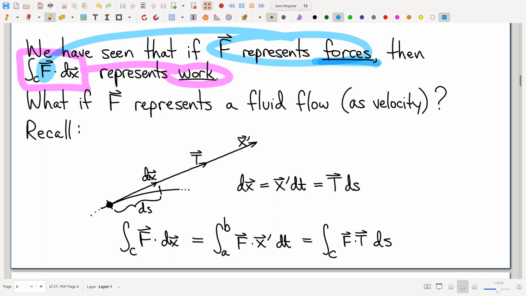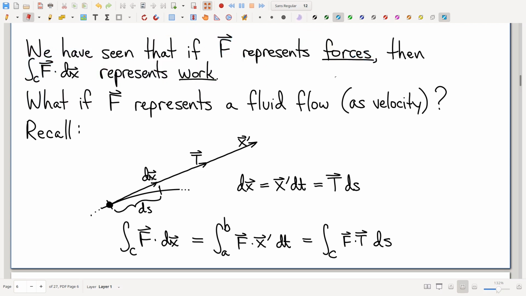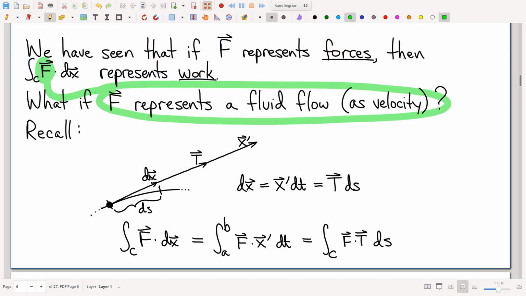All right. So here's the thing. Sometimes vector fields represent fluid flows, not forces.